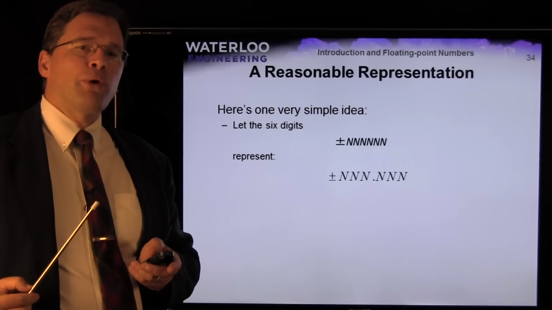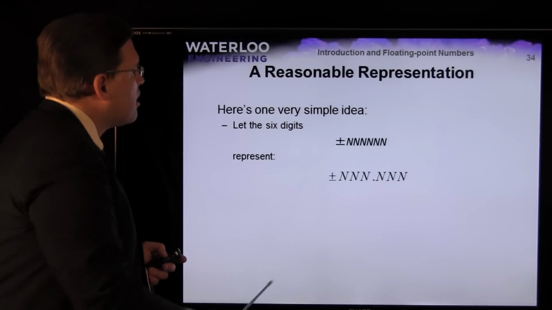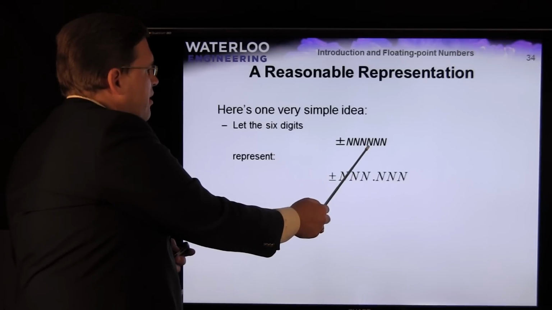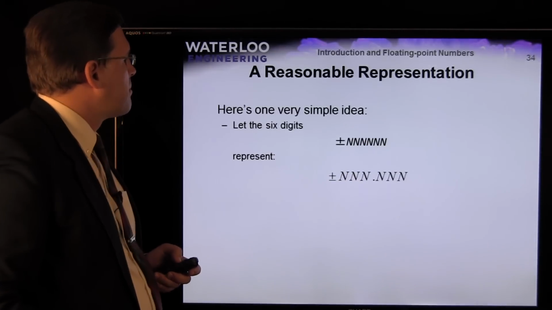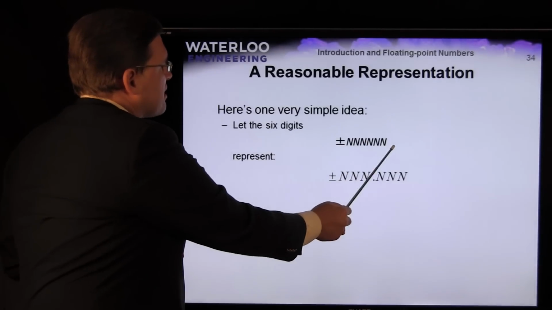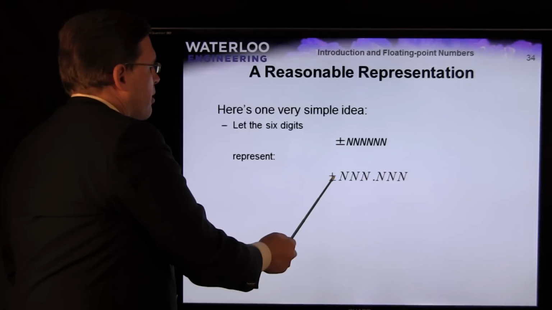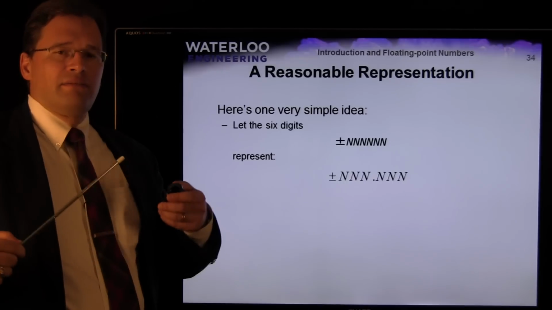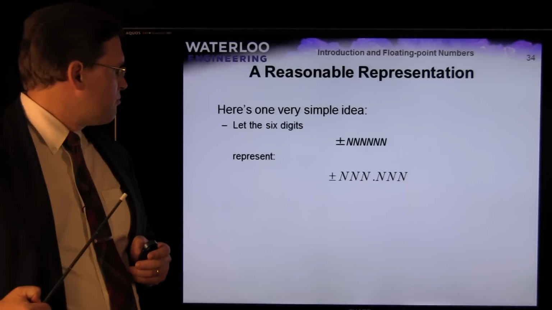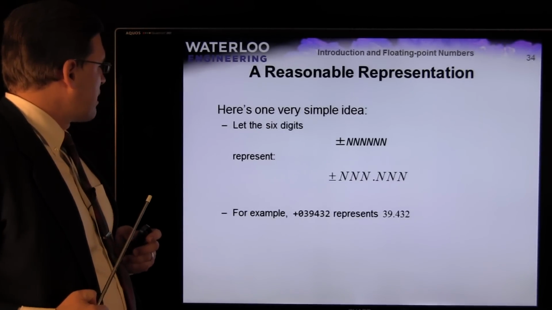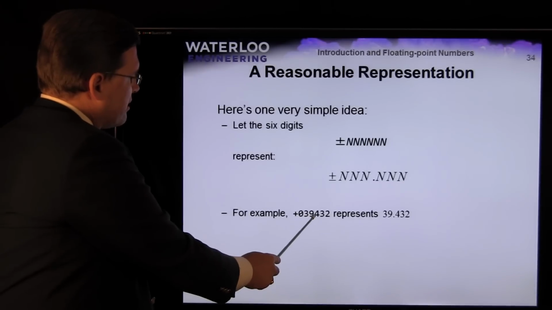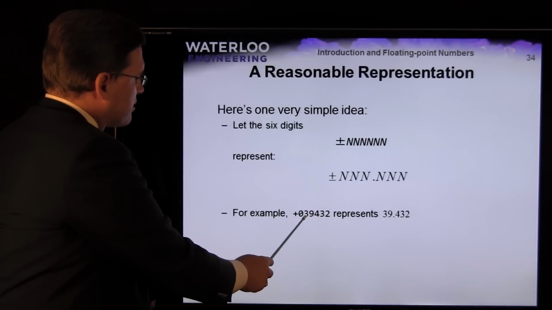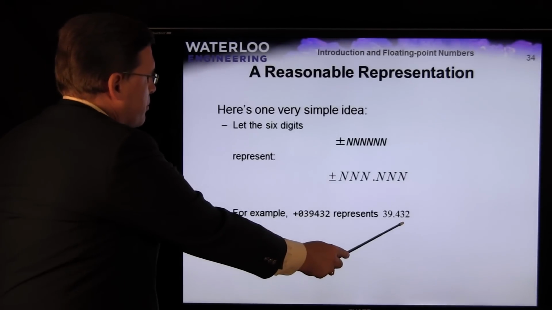Well, a fixed point representation would simply say, well, the decimal is here in the third location. So these 6 decimal numbers represent that value. So for example, 039432 represents 39.432.